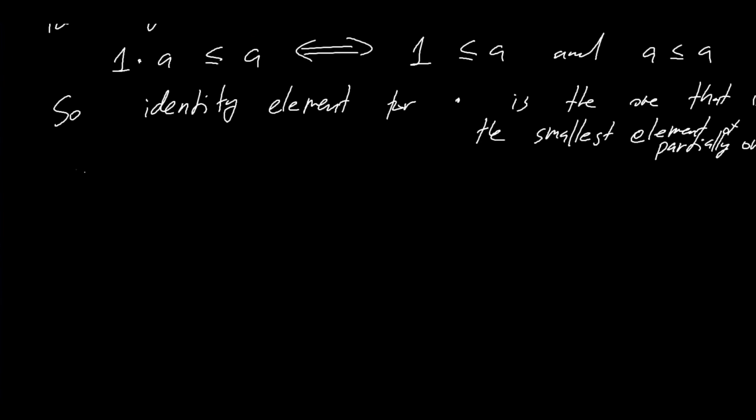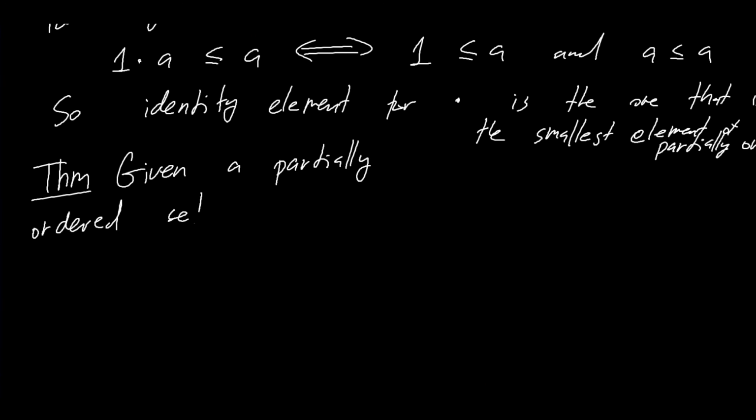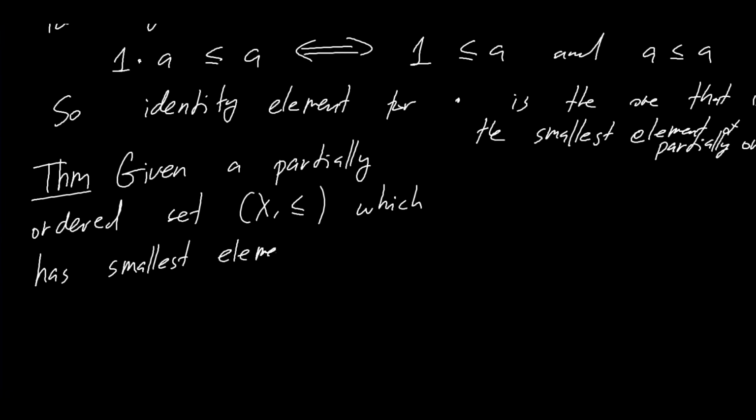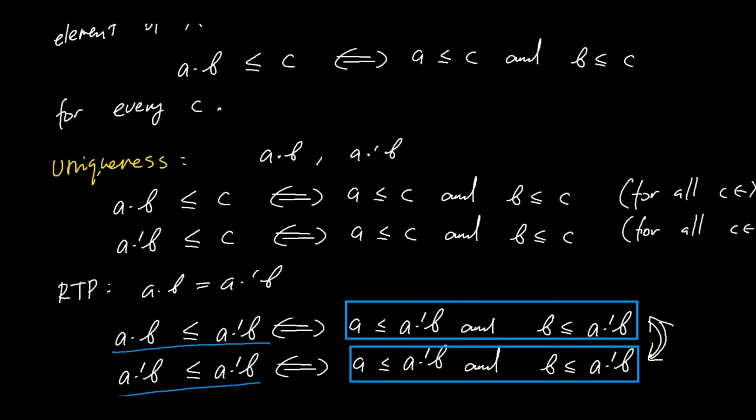Okay, now after all this investigation, we can write down our theorem. Given a partially ordered set which has a smallest element, and now I want to introduce terminology for the operation we defined.